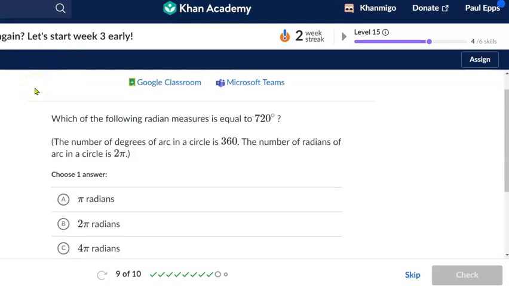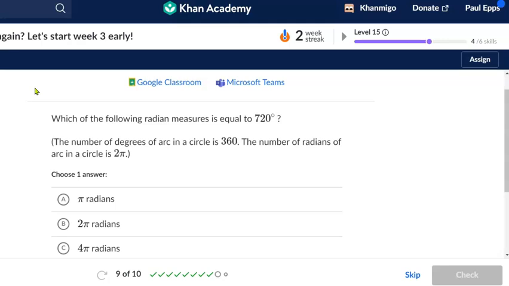Which of the following radian measures is equal to 720 degrees? The number of degrees of arc in a circle is 360. You should know that because they're not going to write that on every question. This is just a basic level test, so they're writing it on every question. The number of radians of arc in a circle is 2 pi. You should also know that.